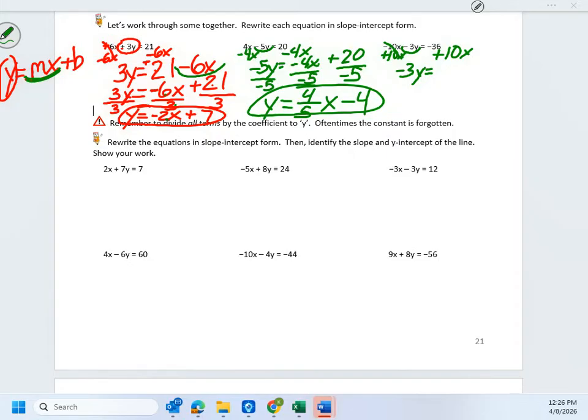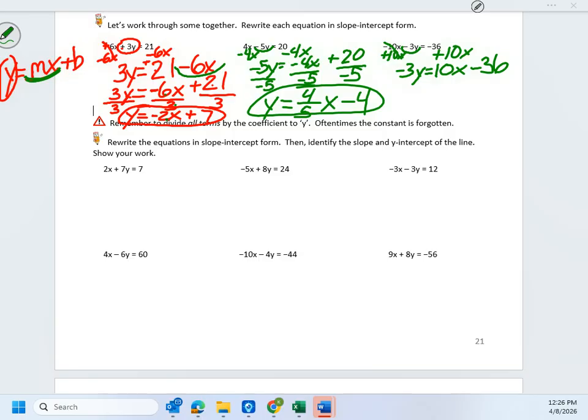I'm going to put that plus 10x at the beginning because I want my x first. And then what do I put after it for the b? So that negative 36 becomes minus 36. Right, because that negative with it turns into a minus sign.